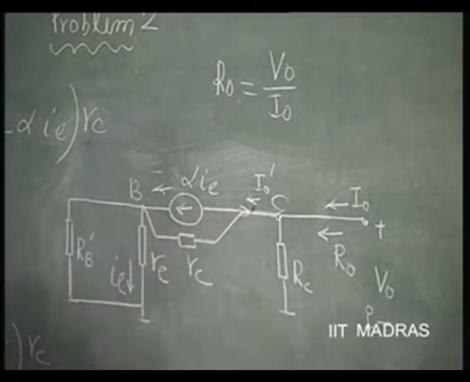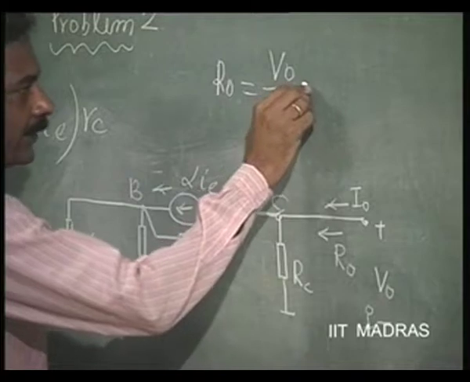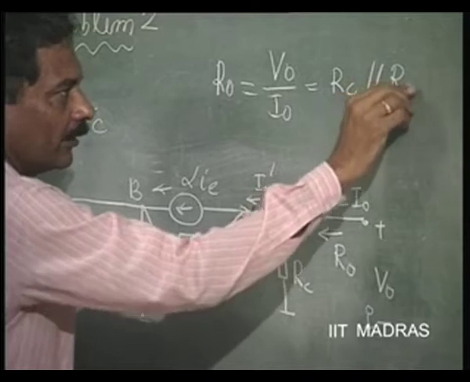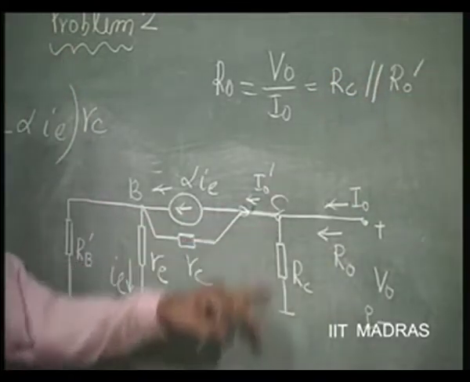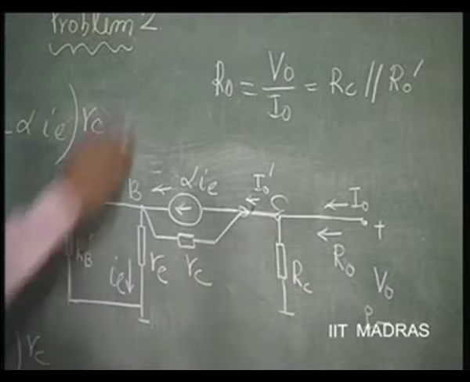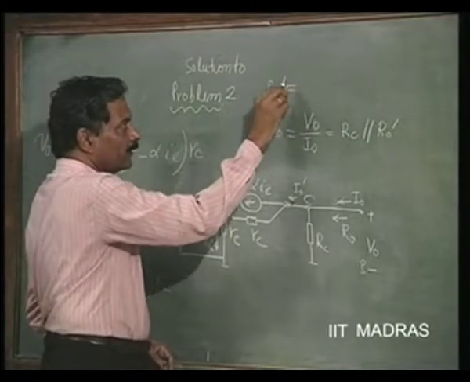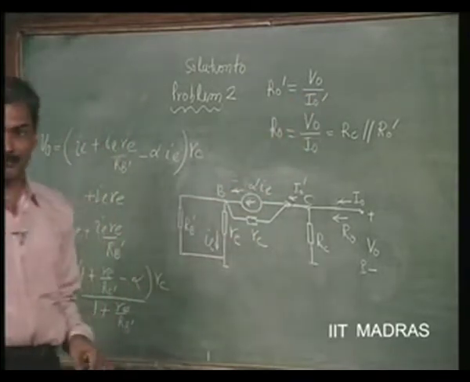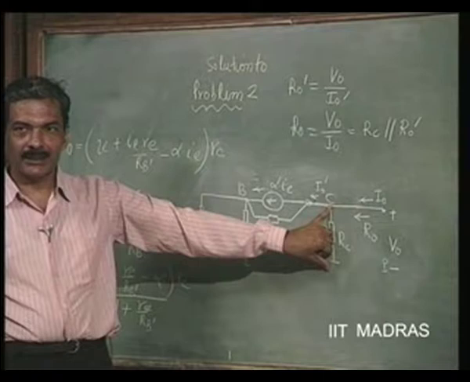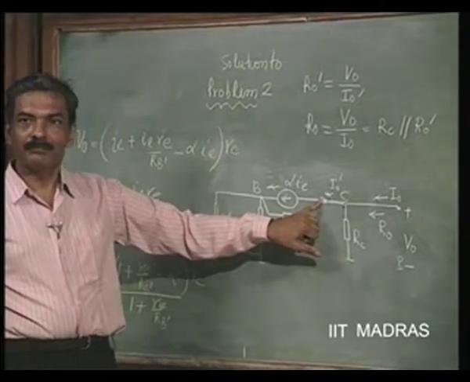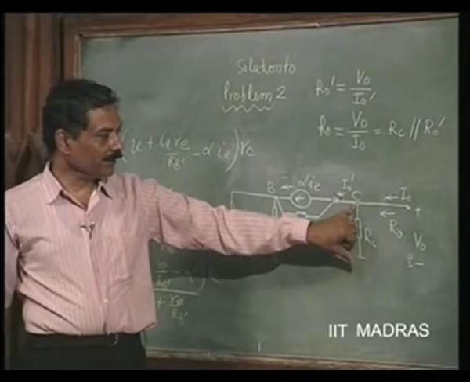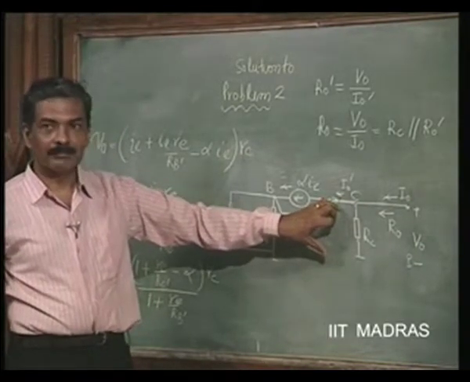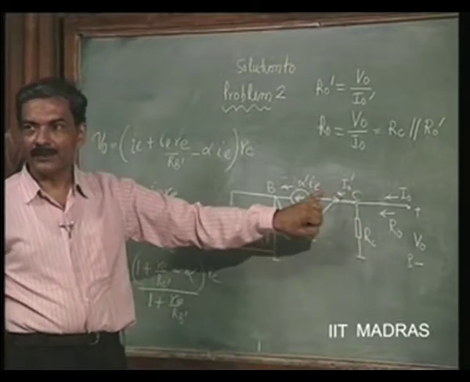So, the additional resistance shunting R naught is RC parallel R naught prime, where R naught prime is nothing but V naught divided by I naught prime. This V naught is the same voltage which occurs across RC, but with another current, I naught prime. Whatever is applied across RC is also applied across this so called R naught prime, and that is now taking a current of I naught prime.